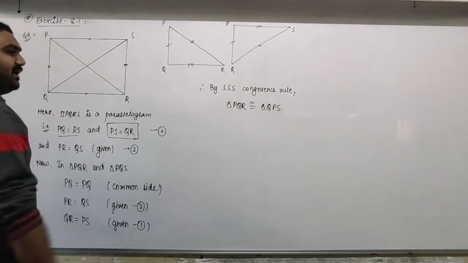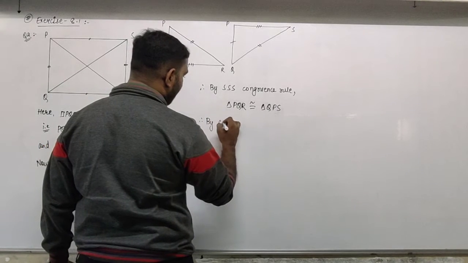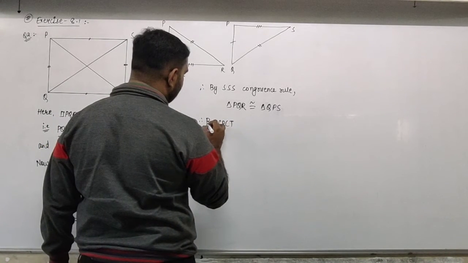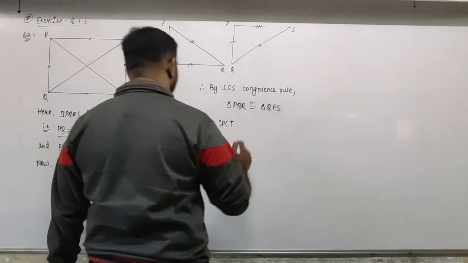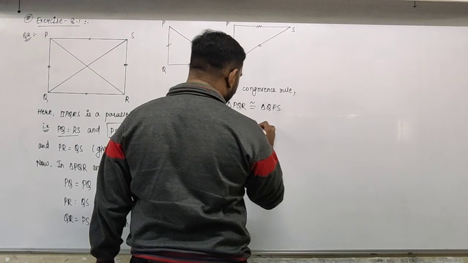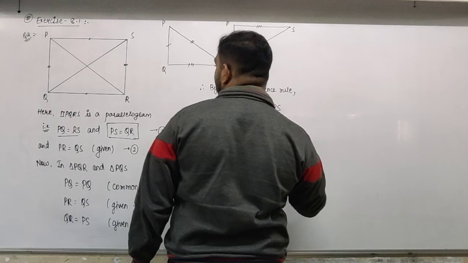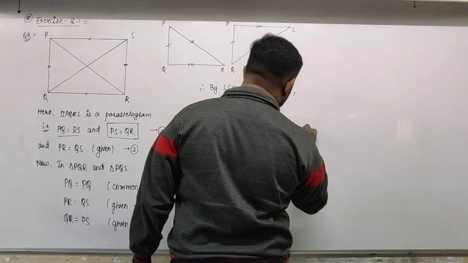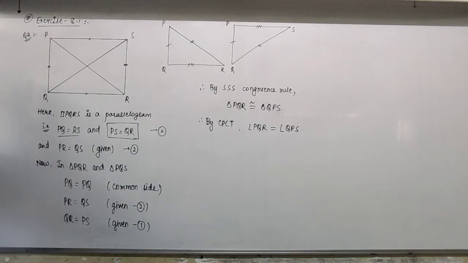Sorry, not PQS, QPS, because with PQ, with PR there is QS. So here we write QPS, and QR equals to PS. So triangle PQR is congruent to triangle QPS. So both the triangles are congruent and hence by CPCT, what can we write? By CPCT we can write that angle PQR is equal to angle QPS.